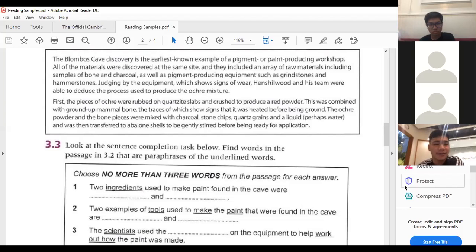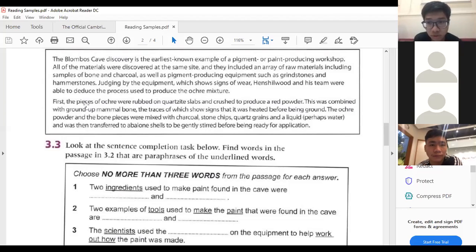All right, so let's go to tips. The next tip. So once you know the synonyms, you can start guessing what kind of words you need to complete in each gap. So number one, do we need a noun, a verb, or what? Noun. Okay, noun. So the nouns should be about ingredients or materials, and you found the word material on top right here.